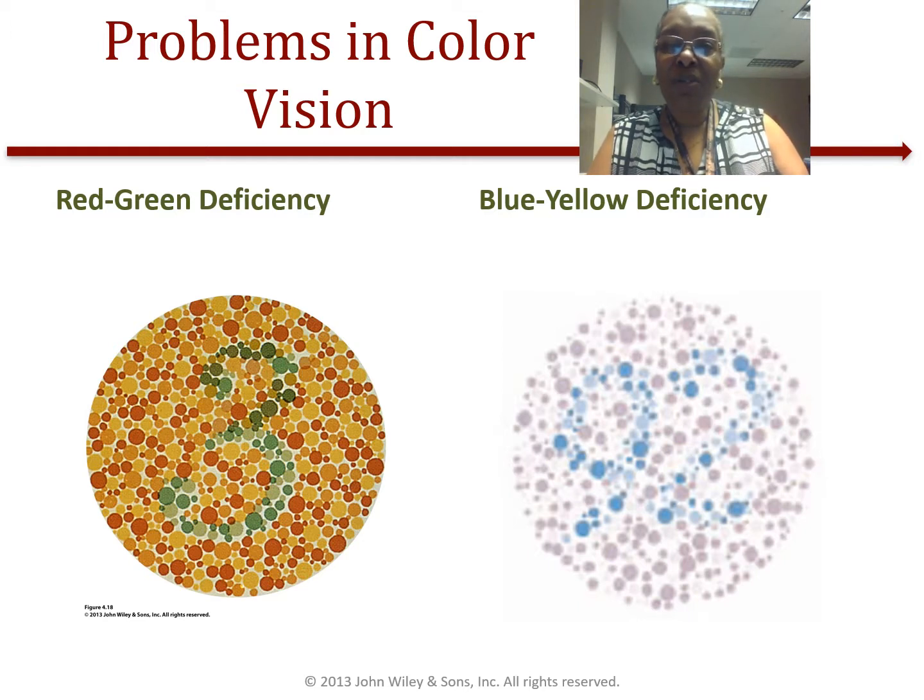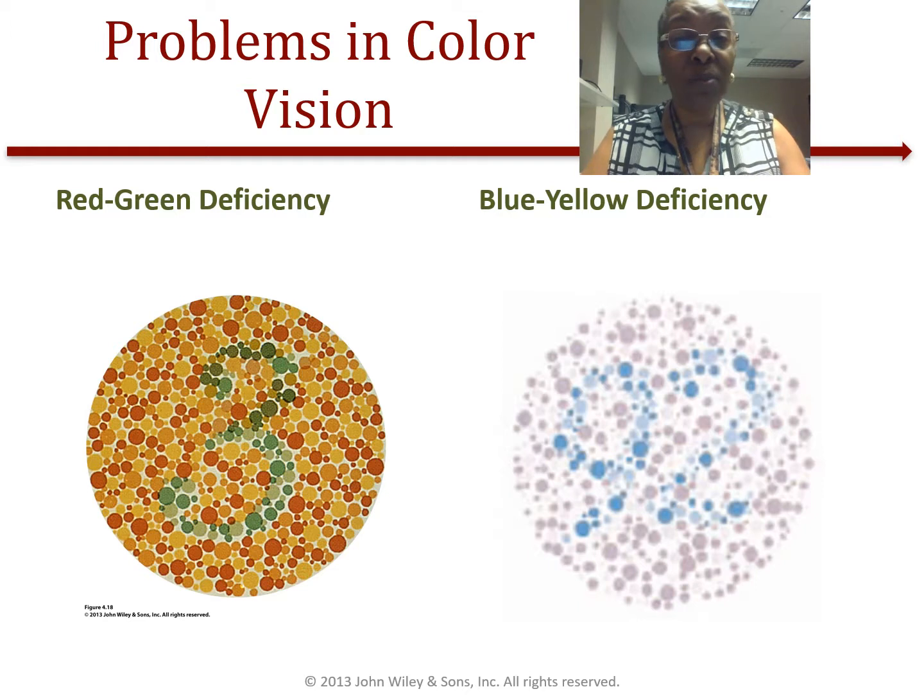Here I want you to pause this again after I finish speaking, just to test yourselves using this slide. Color deficient vision: most people perceive three different colors, red, green, and blue, and these are called trichromats.